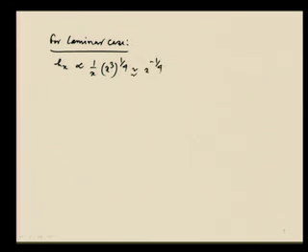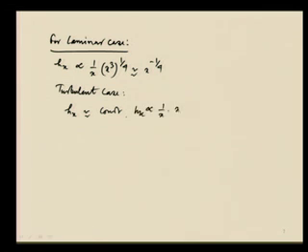For the turbulent case, h_x is nearly equal to constant, because h_x is proportional to 1 by x into x to the power 3 to the power 1 by 3. So, this is equal to constant.